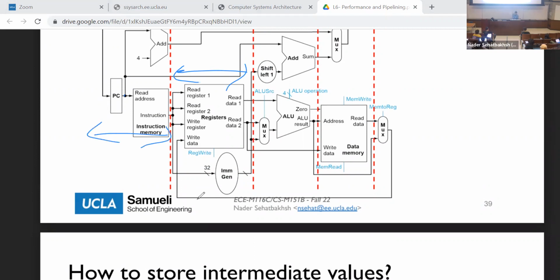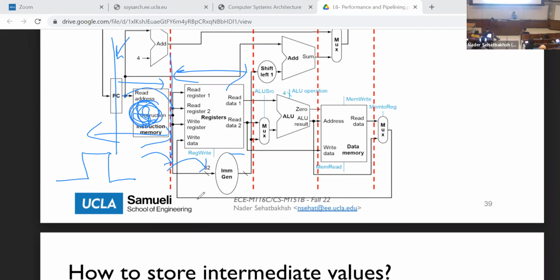From reading your PC to reading your instruction, everything is combinational. So if you add a register here and here, during that clock cycle, this line would be fed from this register. Once the next positive edge of the clock comes in, whatever computation is happening here will be saved into this register. And then in the next clock, this value would be passed into the next stage of our processor.